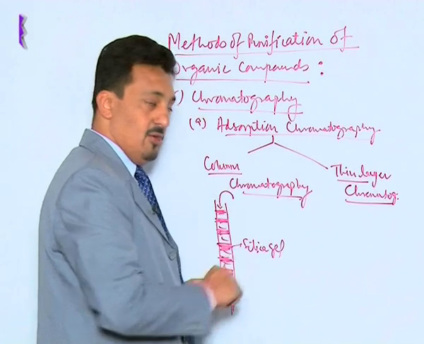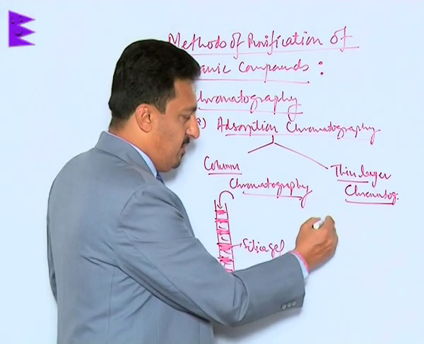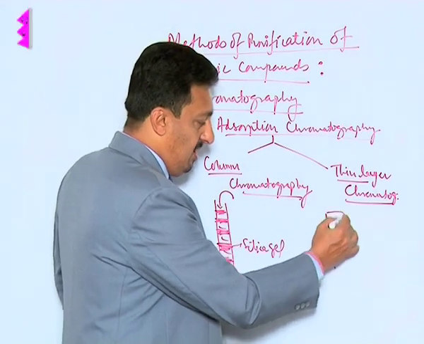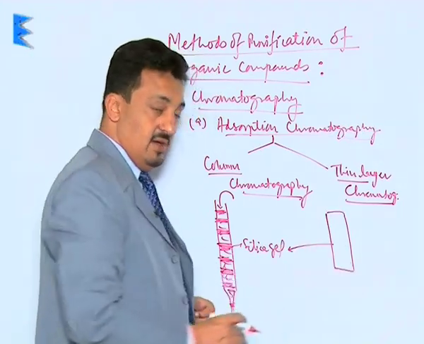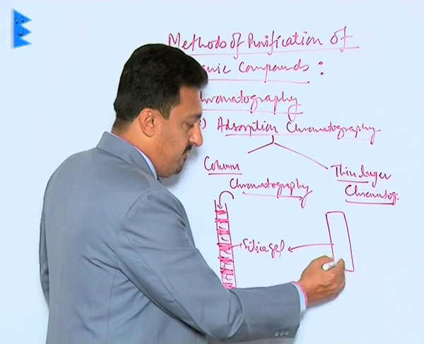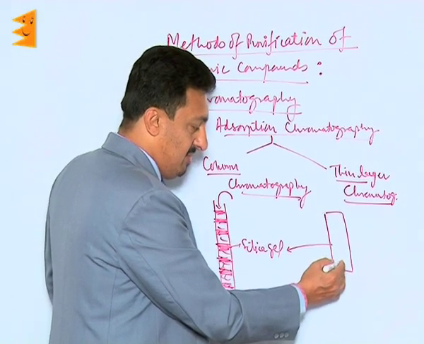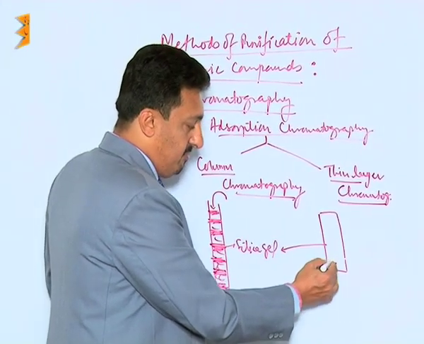Now what is thin layer chromatography? In this, we put a thin layer of the silica gel paste on a glass sheet, and then we load a component or a mixture on it by putting a line.